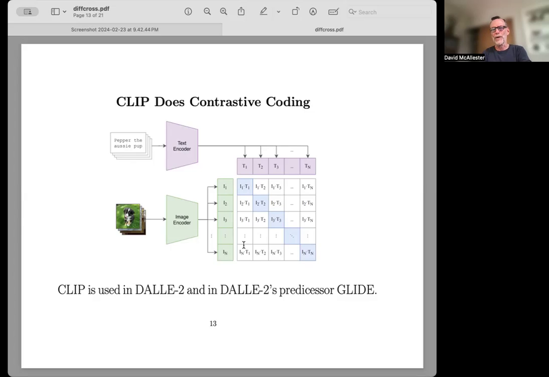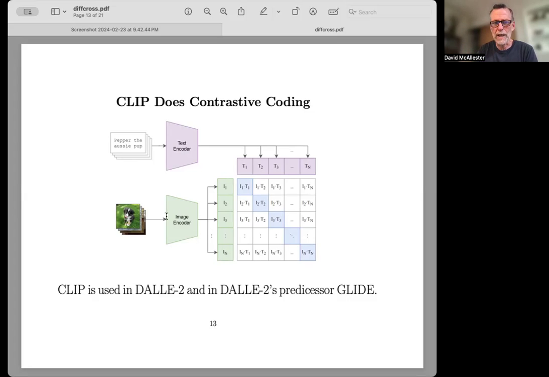So you're coding the text and you're coding the image in such a way that a classifier can tell which image is associated with which text. And there are theorems relating the ability of the classifier to do this to the mutual information between the two views here. So, okay, that's an overview of contrastive coding.